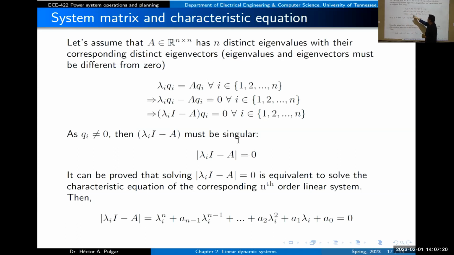We can factorize by qi, and what we obtain here is actually this to be 0, because q is a particular direction. It cannot be the origin. This cannot be 0. So the only way that this is equal to 0 is if this matrix here is singular. How we understand this Q, and this is something I was talking about last time.